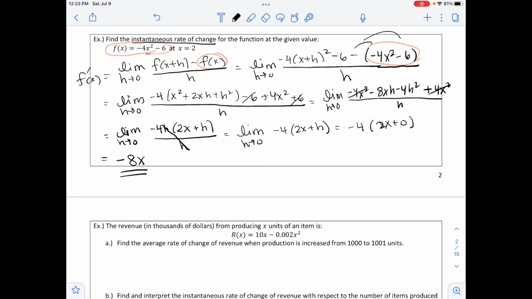And so this is the equation for my derivative, and we're interested in this being at x equals 2. So at x equals 2, this means that we're going to have negative 8 times 2, which works out to being negative 16. So this function at x equals 2 has a negative slope of negative 16.